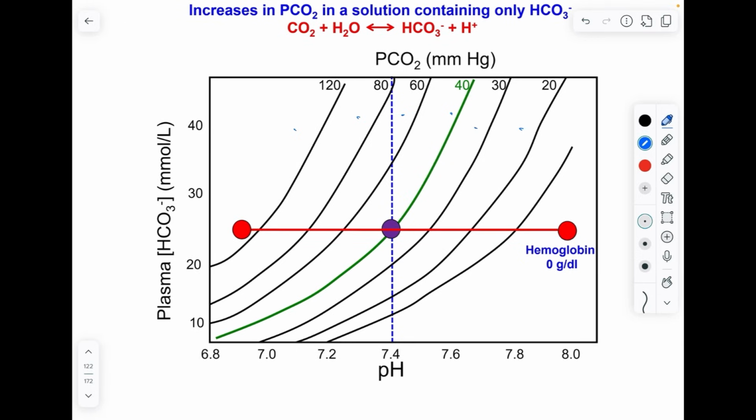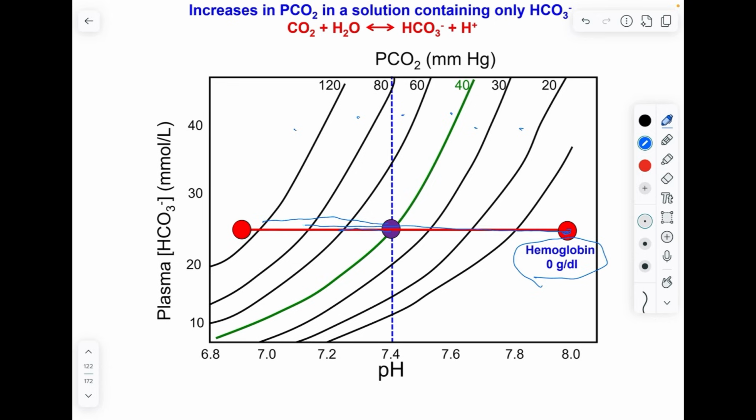You will see if we have no other buffers, when you increase CO2, a very high increase, like from 40 to 60 to 80 to 120, we will go along this buffer line, by the way. We call this a buffer line. Here, our buffer line is 0. Why? Because we have no buffers other than bicarbonate.